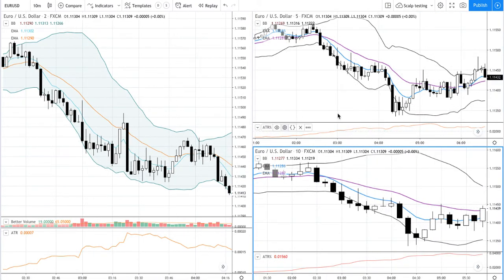So you can see here, the confirmation evidence is fine. We're definitely on a trend down. We have a pullback to around the moving average zone, so it's fine on the 5. And on the 10-minute, we have the market walking down this outside Bollinger, so it's also fine. So we would go short here.